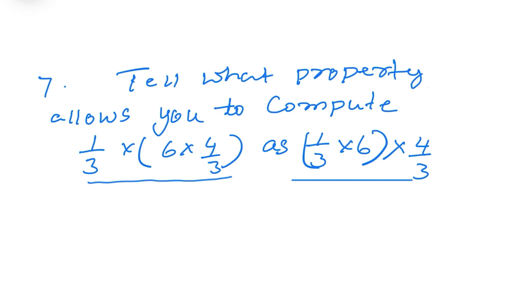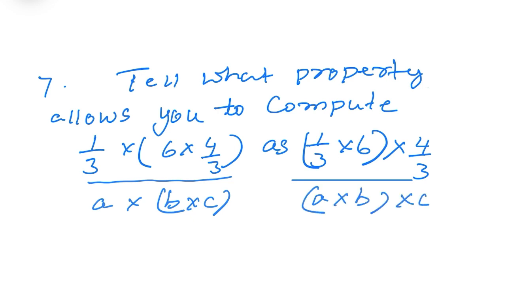What is the property involved in writing like this? If you notice, say for example, the first one is A into B into C. Think like this. This is A, this is B, this is C. And how this is written? A into B into C.